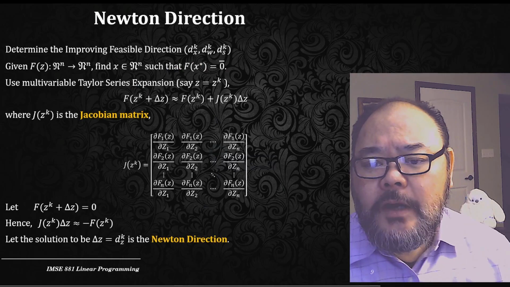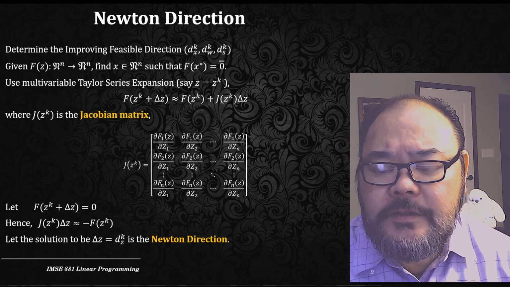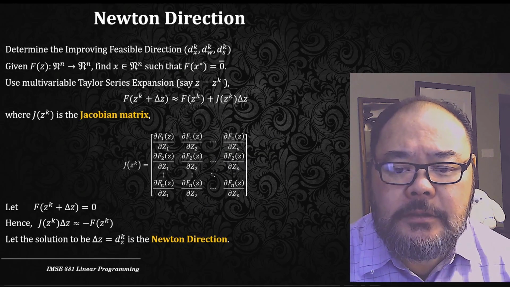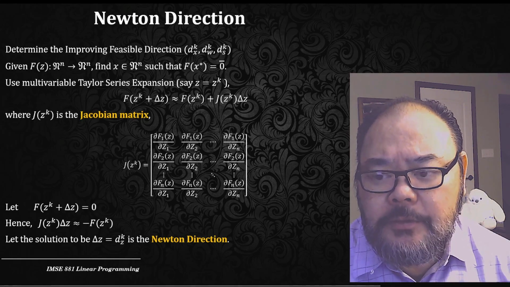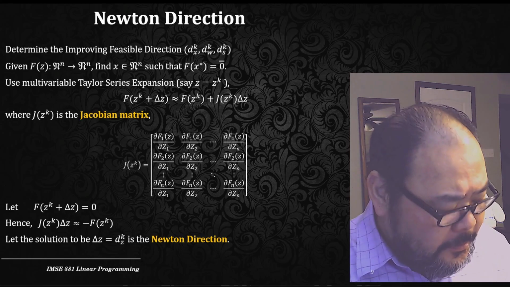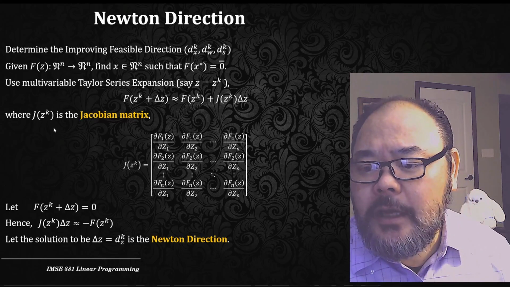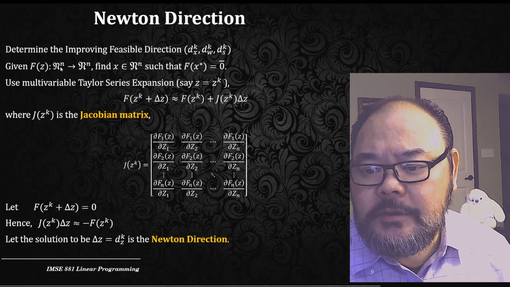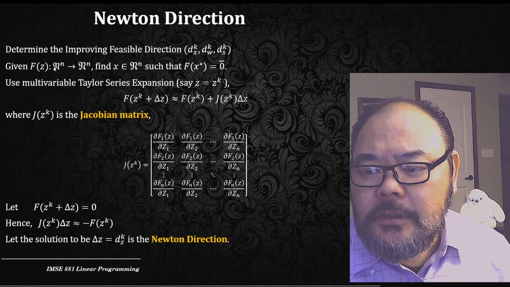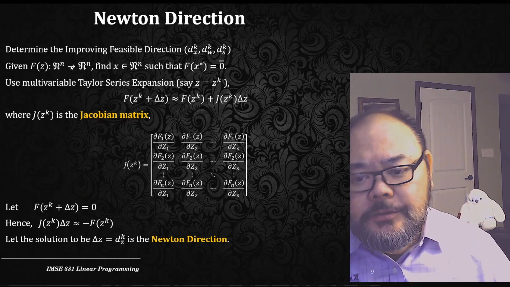In order to find an improving feasible direction for x, omega, and s, we use a typical Newton's method. Here, in Newton's method, f of z is an R^n to R^n mapping, where z is n-dimensional and f(z) is also n-dimensional.